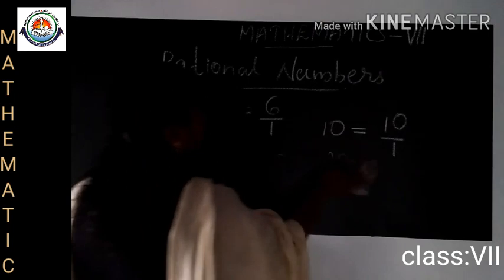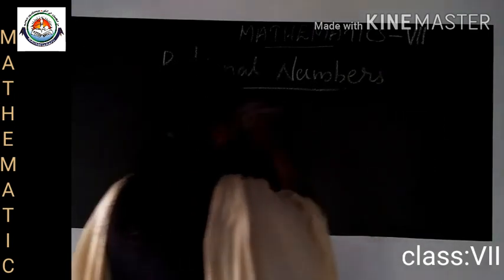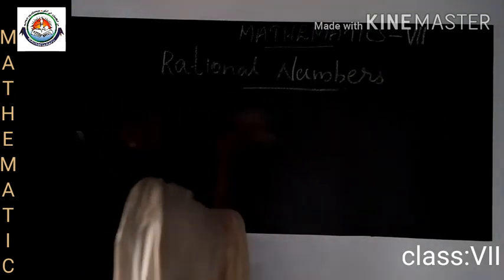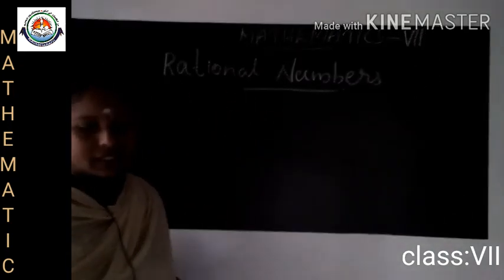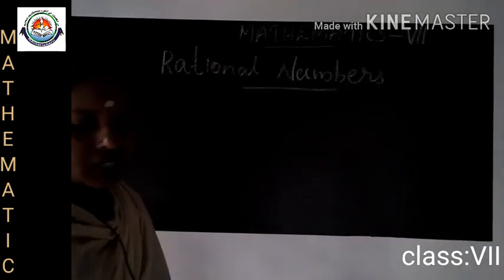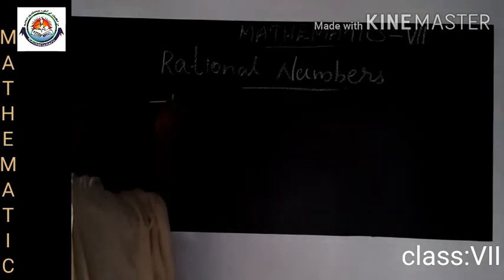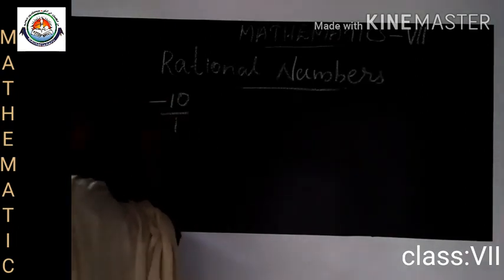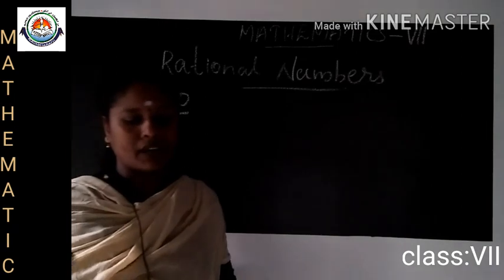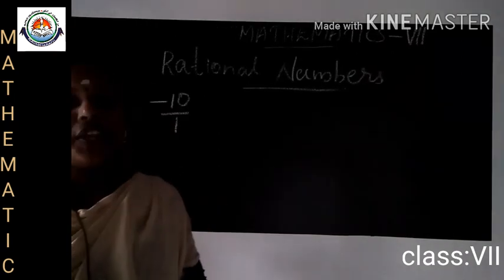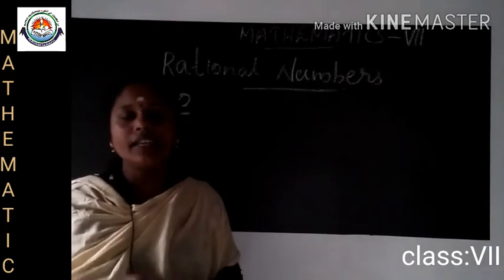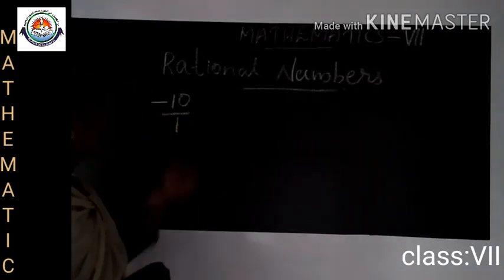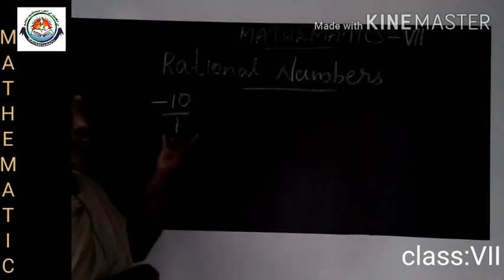Here we have some rational numbers. We need to express these rational numbers as integers. Listen, the first question is negative 10 by 1. It is a rational number. How can we express it as an integer?